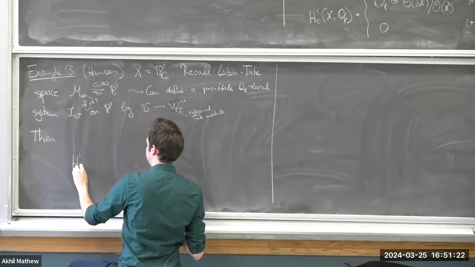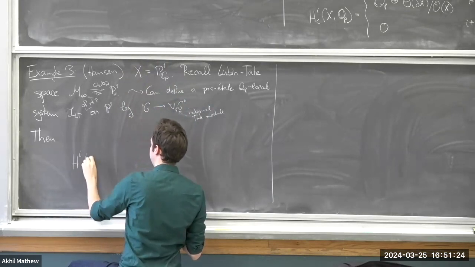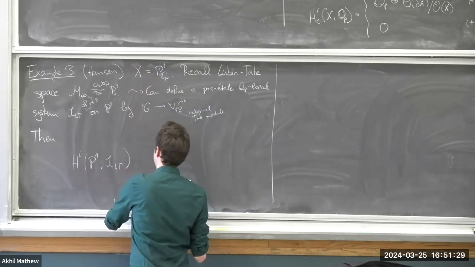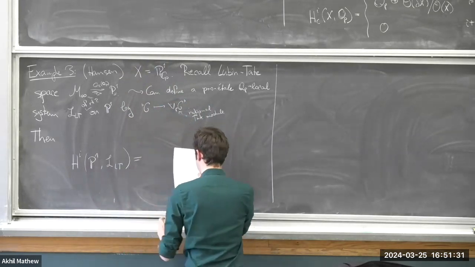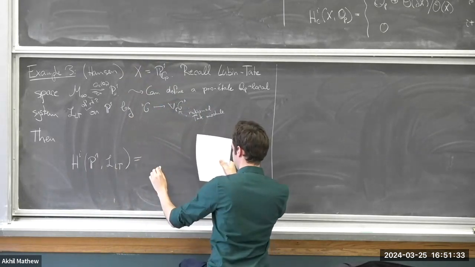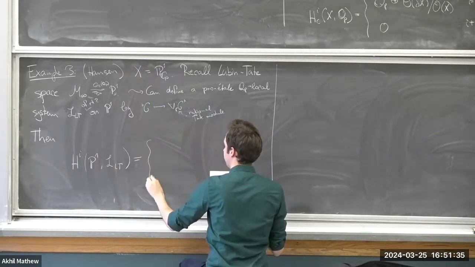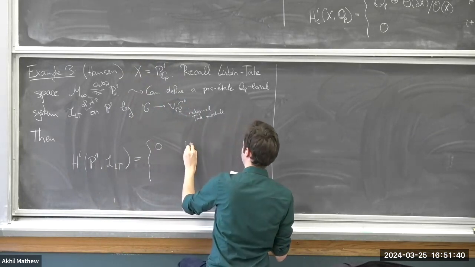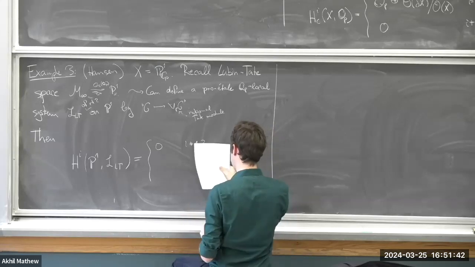If you look at the cohomology on P1 of this local system, then you end up with O for i not 1 or 2.